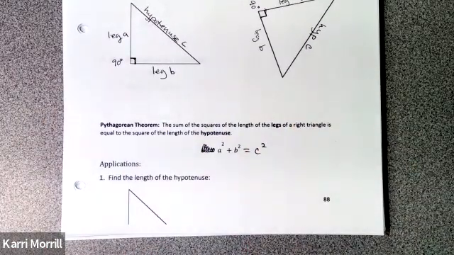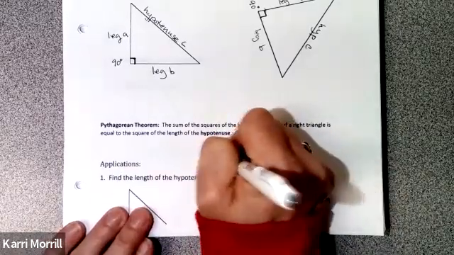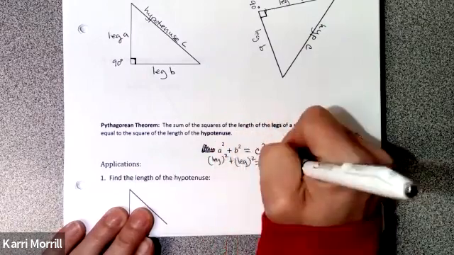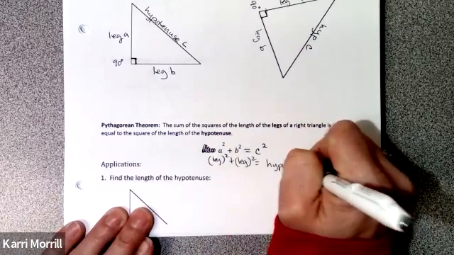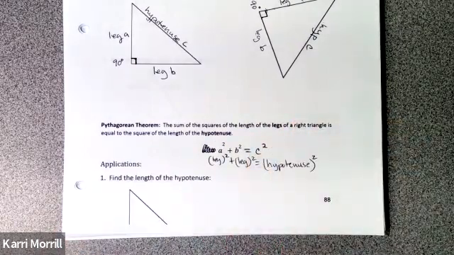So remember, this is like a leg squared plus a leg squared is going to equal whatever your hypotenuse squared is. That's all your A's, B's, and C's represent.